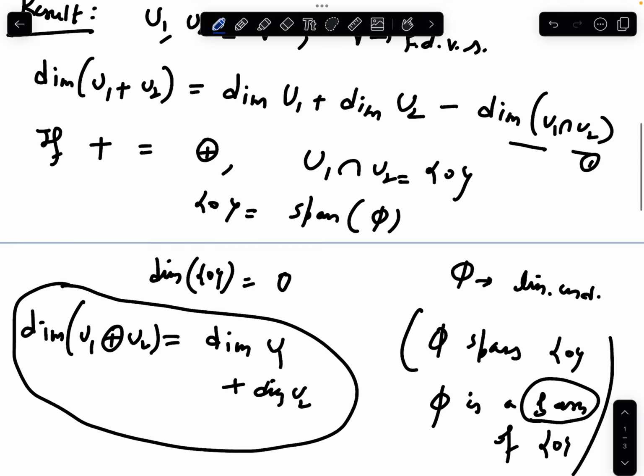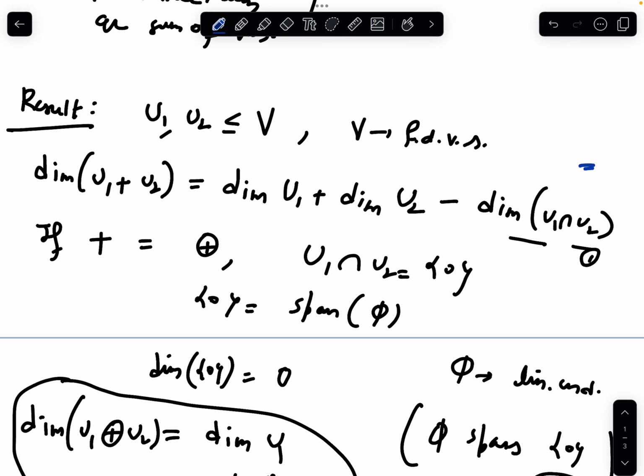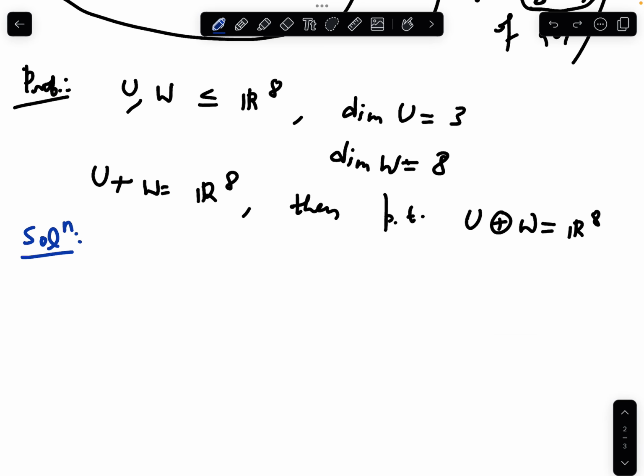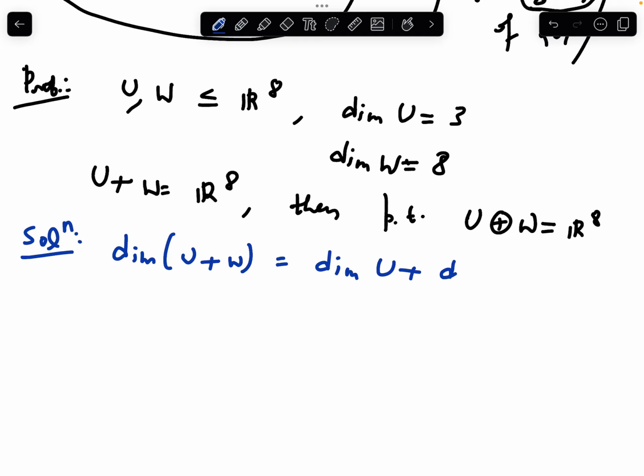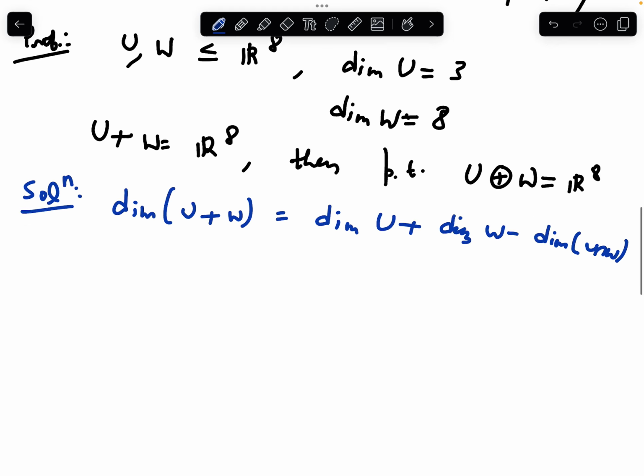We apply this formula. This is also known as the dimension formula. So let's apply the dimension formula here. Dimension of U plus W equals dimension of U plus dimension of W minus dimension of U intersection W. What is this?